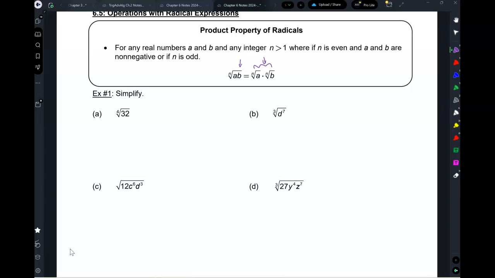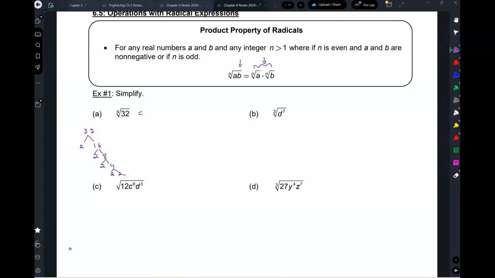Let's simplify this one. We have the fourth root of 32. We have to prime factorize 32, and that'll give us 2 and 16, 2 and 8, 2 and 4, 2 and 2.